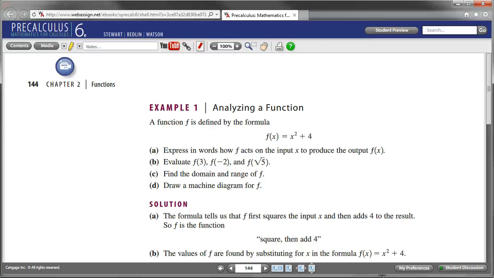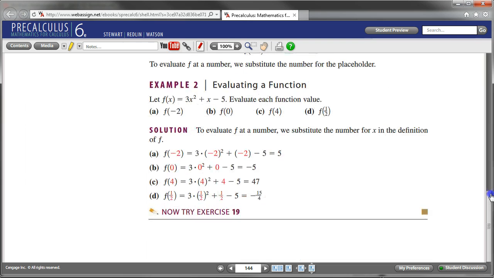If you plug in x equals 1, or if you plug in x equals negative 1, you're gonna get the same function value. 1 squared plus 4 is 5. Negative 1 squared plus 4 is again 5. So two different x values in set A, which we call the domain as a matter of fact, are being assigned to the same number, 5, in the target. That kind of thing is a function.